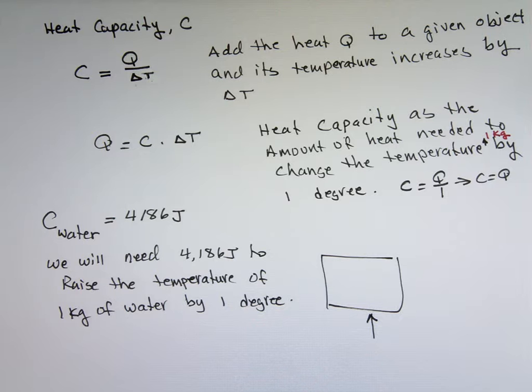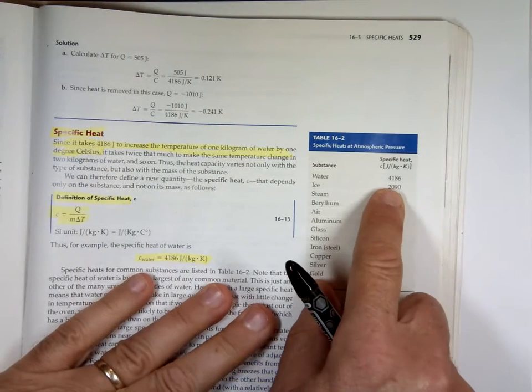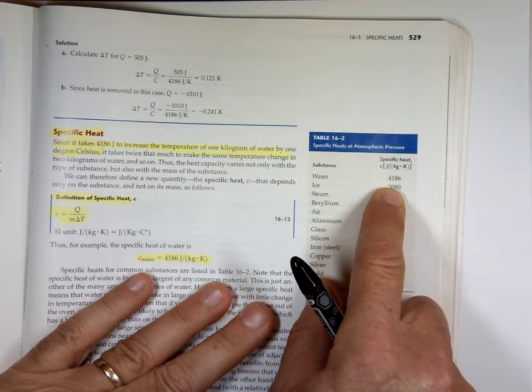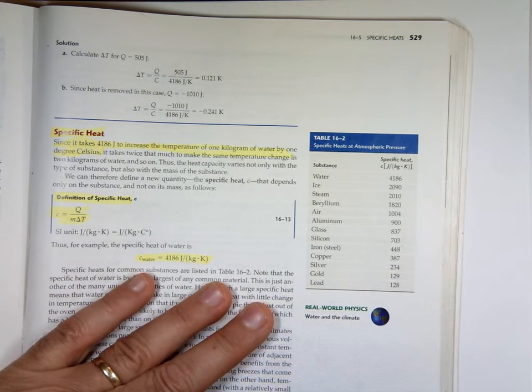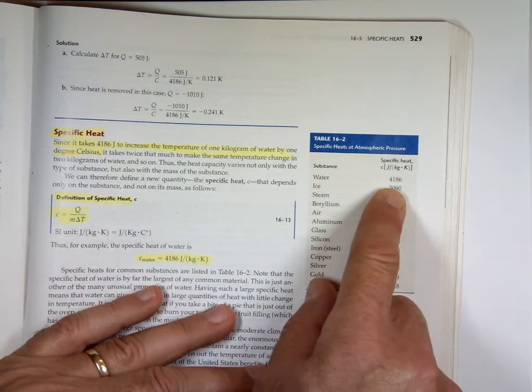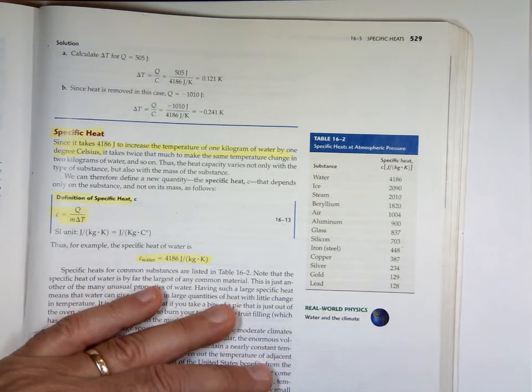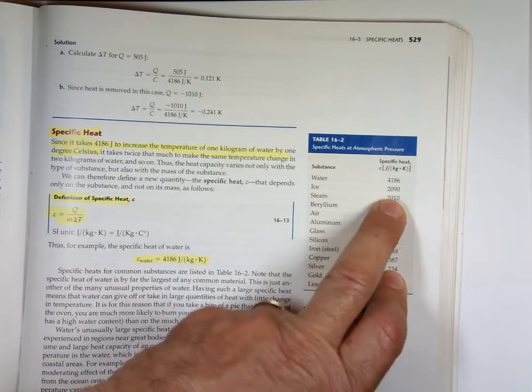Now copper is different. Ice is different. It changes from substance to substance. So for example, just to give you an idea, water is 4,186 joules per kilogram per 1 degree Kelvin. A change of 1 Kelvin is the same as a change of 1 Celsius degree. Ice is a little bit less, 2090.